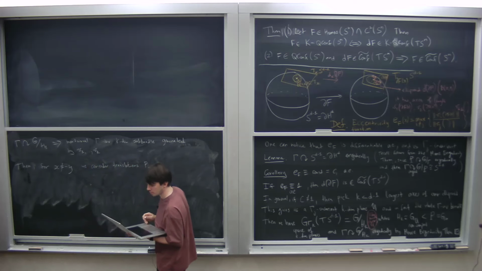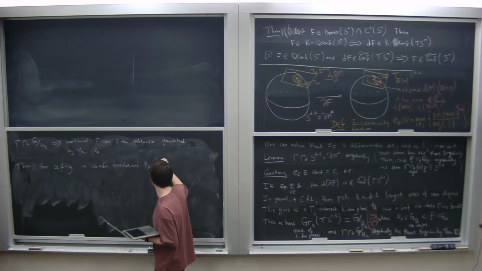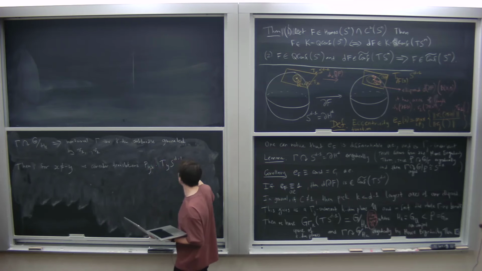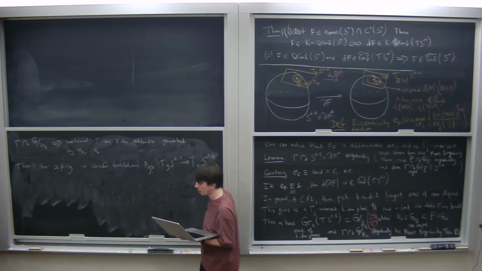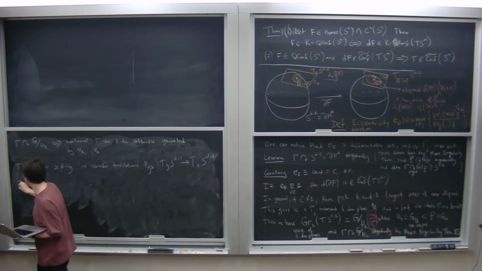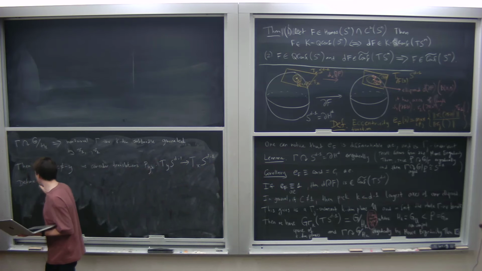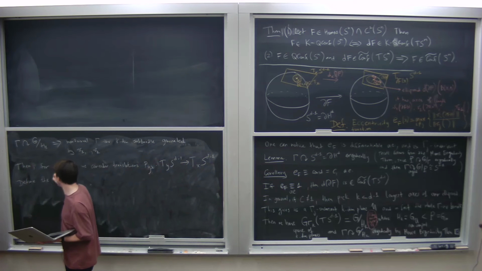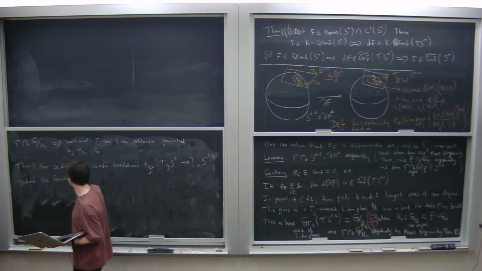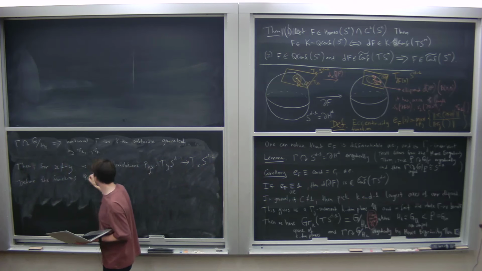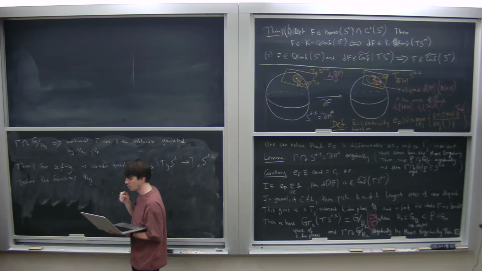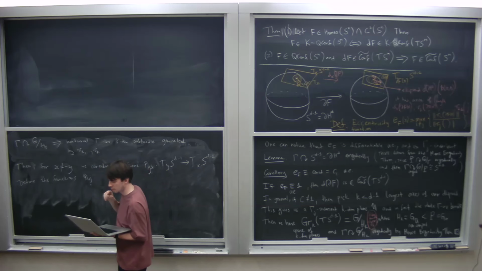So these are going to be P_yx from T_y S^(D-1) to T_x S^(D-1), and then we define the functions which we will denote by V_ij from the product.